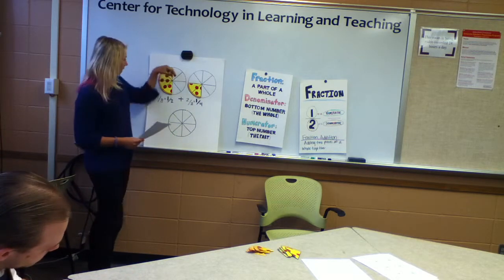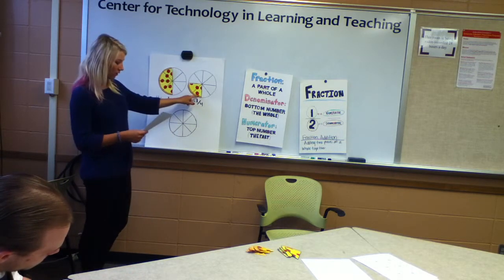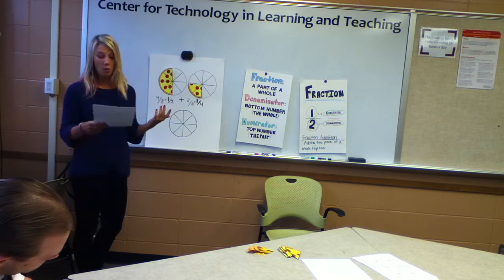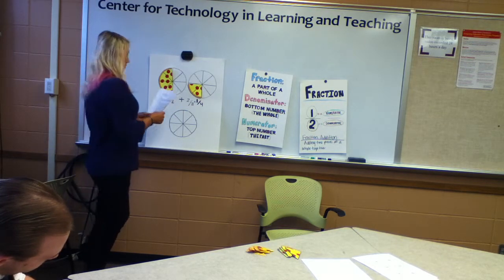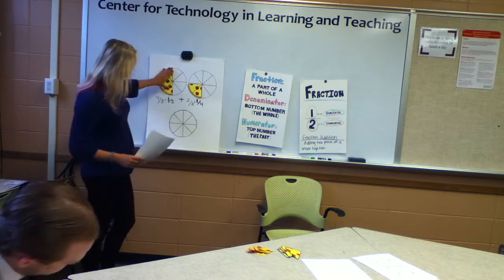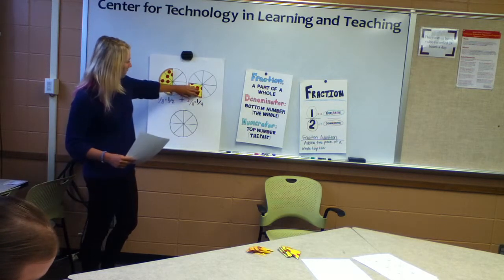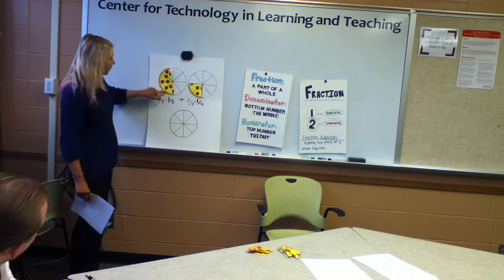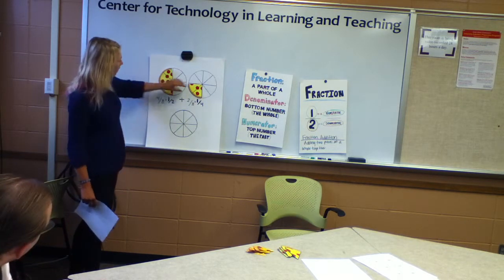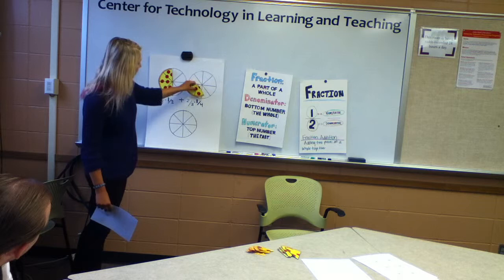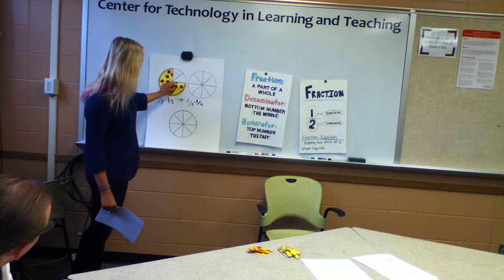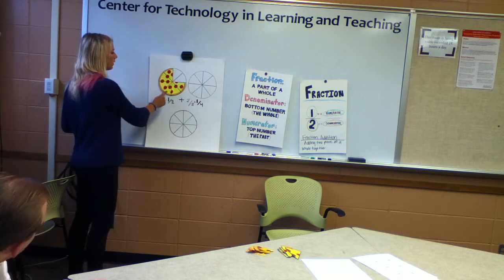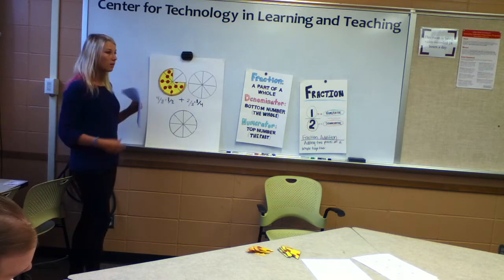So here we have 1/2 a pizza and 1/4 of a pizza. Our question is, how much of a pizza is there total? Since we see 1/2 of a pizza and 1/4 of a pizza, we can also see that this is 4/8 and this is 2/8. If we move this over here, now we can see that there are 1, 2, 3, 4, 5, 6 eighths.